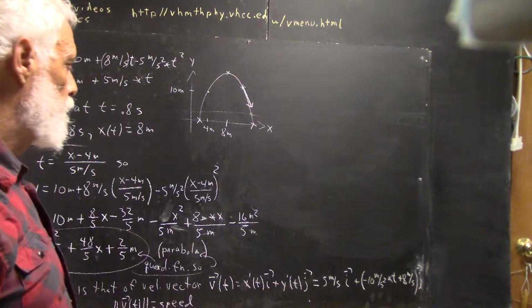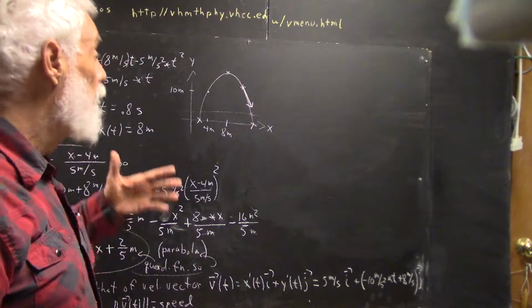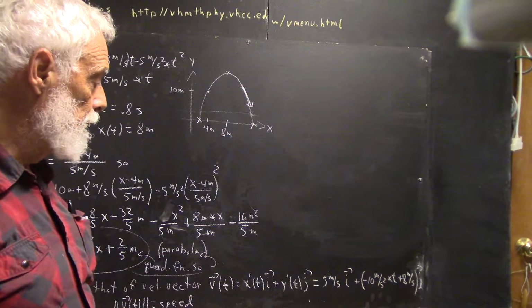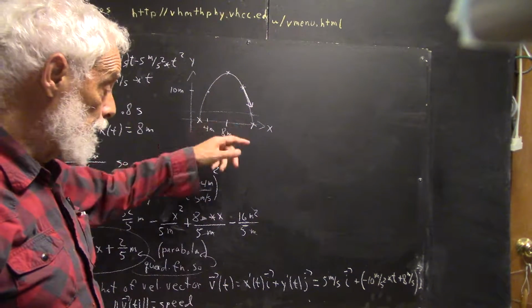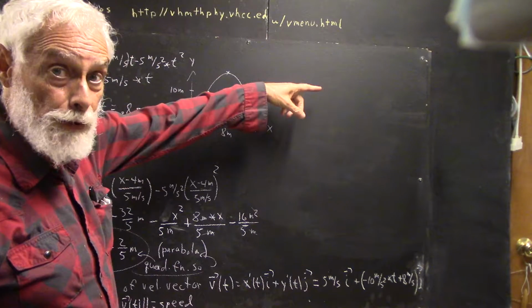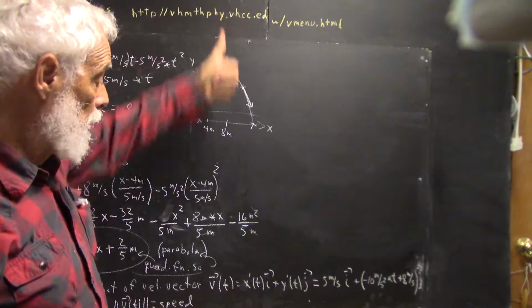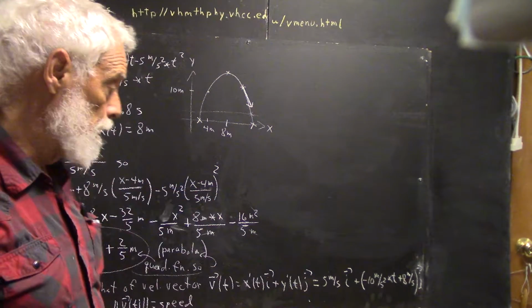What would be the direction of motion? Well, if you're given the value of t, the velocity is what? Well, the velocity vector is the derivative of the x, which is the velocity in the x direction, times the i vector, plus the velocity in the y direction, the derivative of your y function, times the j vector.